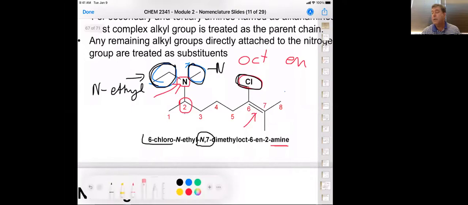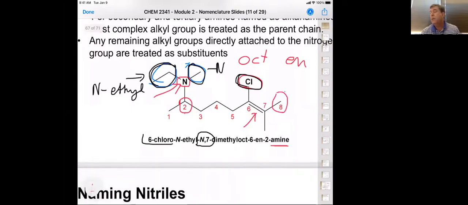There's no difference in priority from this methyl group to this methyl group, so we cannot prioritize by E and Z. If we cannot prioritize by E and Z, we do not have cis, trans, E, or Z. It does not have a stereoisomer, and that's why we have not identified it.